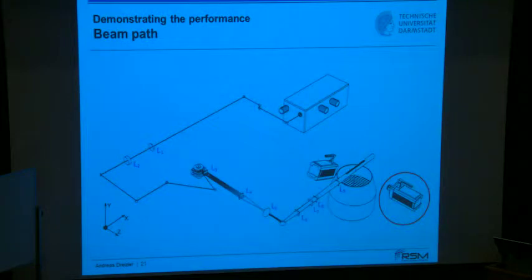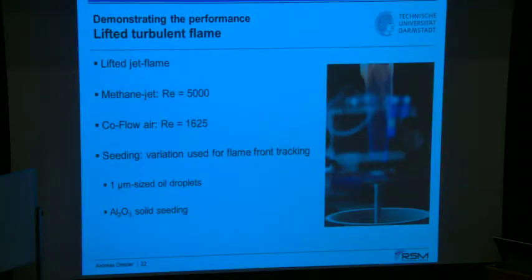The experimental setup is the same, but now we are using a camera looking from the side and getting the planar images from these different planes, using a lens system adapted such that the depth of field is sufficient.